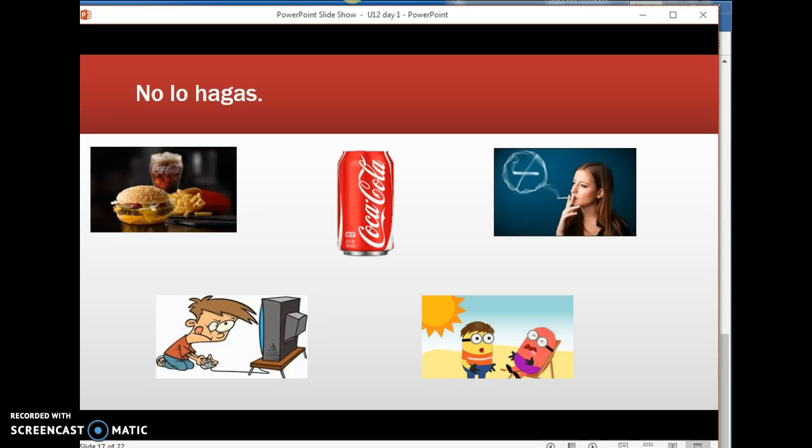We're talking about being healthy and living una vida más sana, a healthy life. So we're going to tell our friends not to do these things. So for the first picture, you're going to say, don't eat fast food. Don't drink soda.